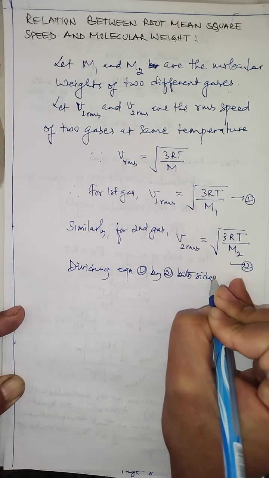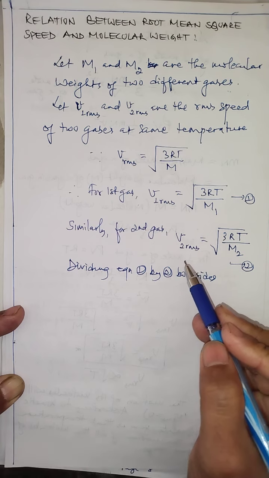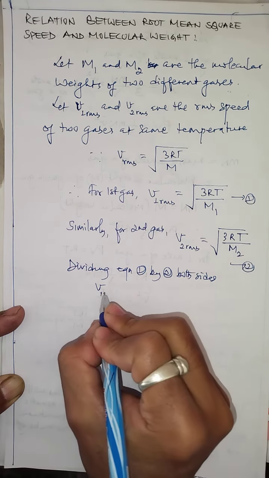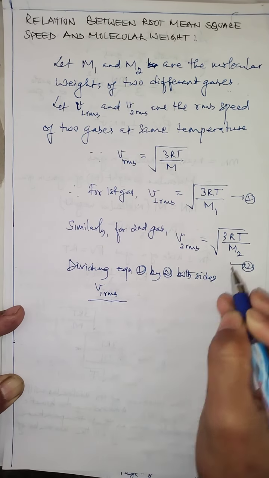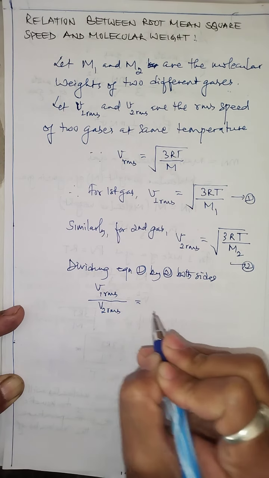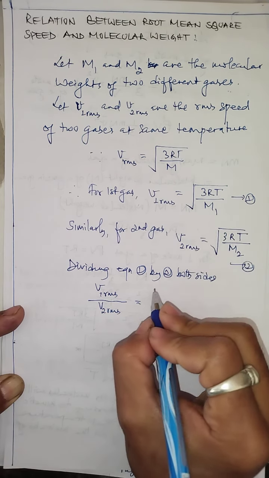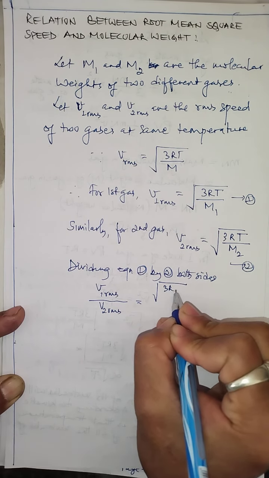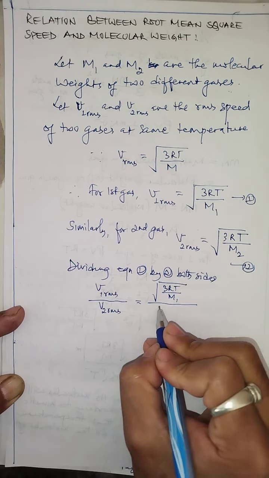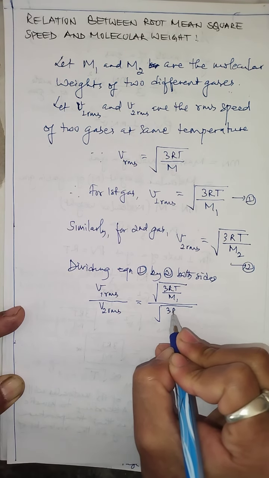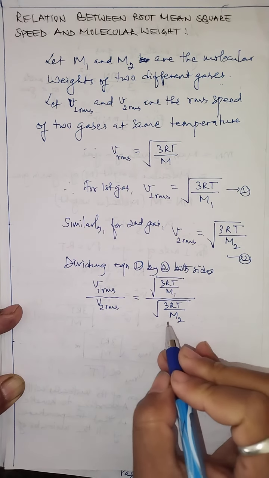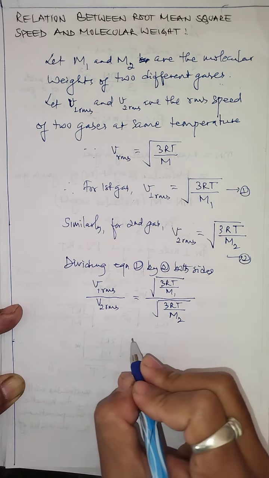Left hand side of equation 1 is v1 RMS divided by left hand side of equation 2, v2 RMS, equals the right hand side of equation 1, square root of 3RT by M1, divided by the right hand side of equation 2, square root of 3RT by M2. Now on the right hand side I can take the reciprocal.